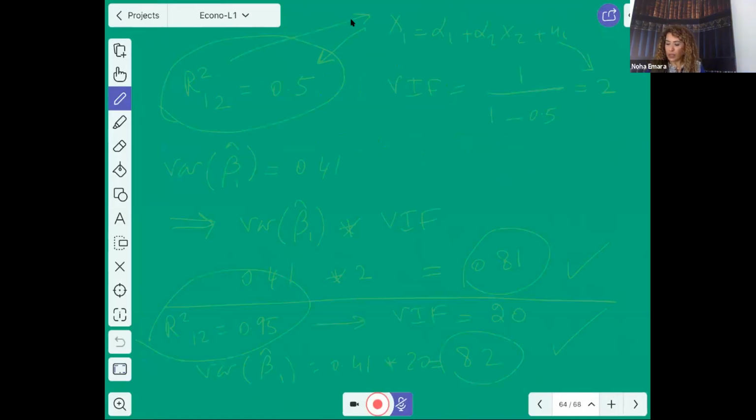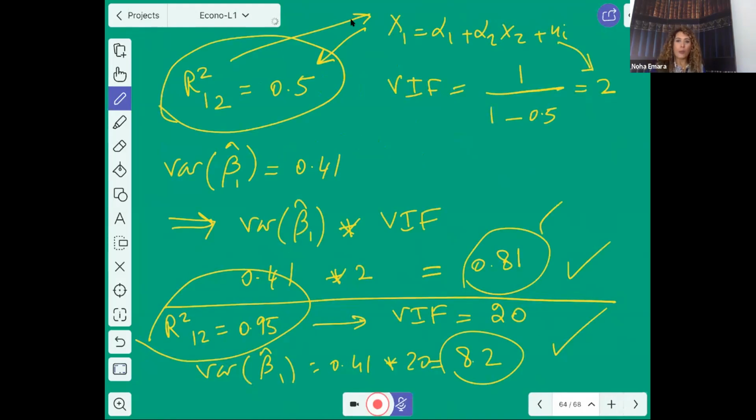Having said that, with these numbers, when can I tell that this is acceptable or not acceptable? This regression has a multicollinearity issue, but I would accept it, it's not a major issue, or I will not accept it and I have to deal with it. I have to do something to correct it. So we do have something like a benchmark.